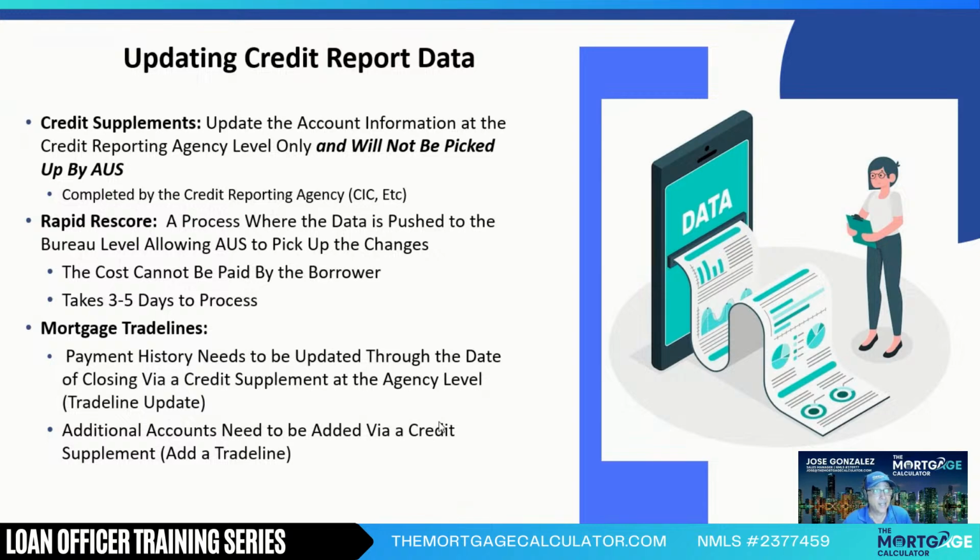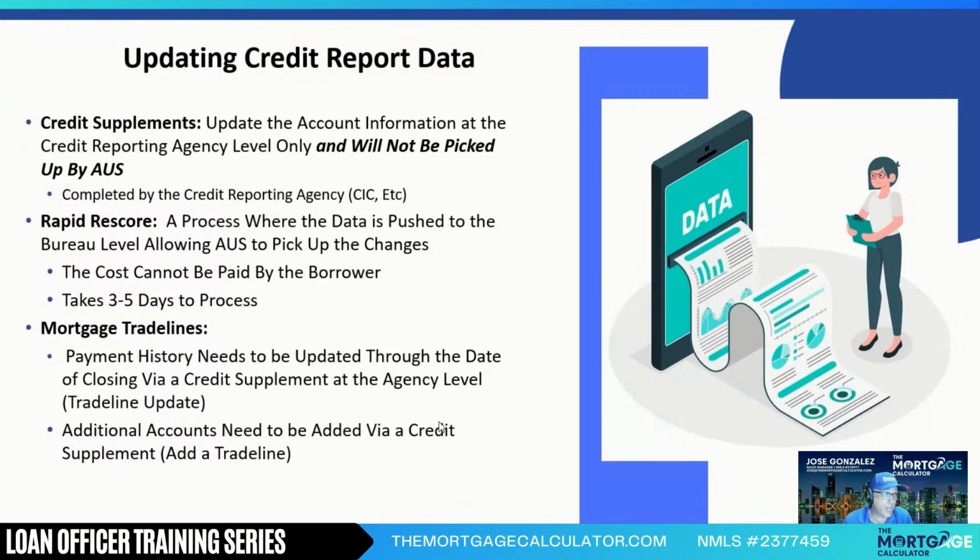So then CIC Credit will call ABC Mortgage Company. They may have to do it with the borrower on the line via a conference call, depending on the requirements of the mortgage company. And then they will verify the payment history, right? The amount, the balance, if they're on time, any late payments, and when was the last payment made. That would be a credit supplement at the agency level only.